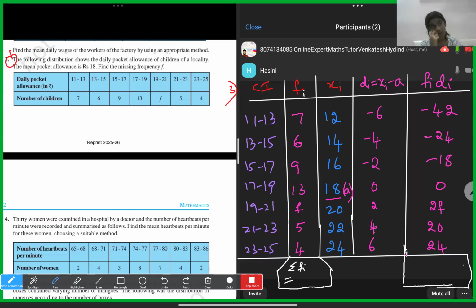They didn't add it in there because one of the f values is not there.